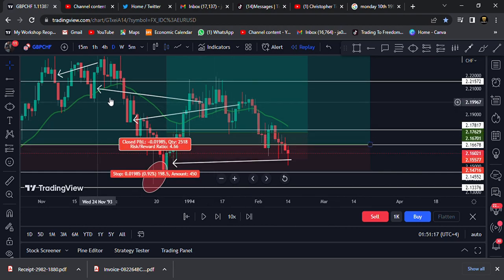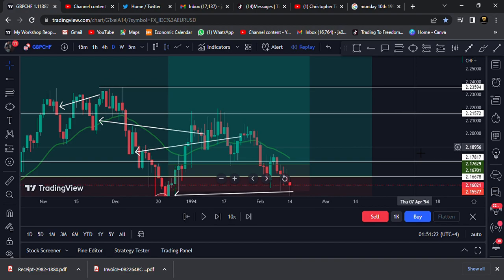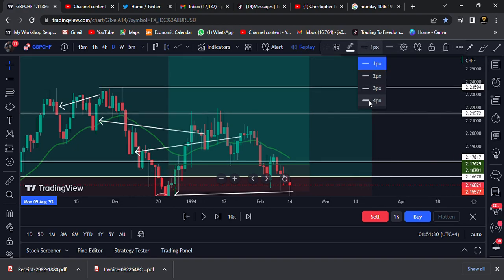So when you enter, you get out at levels. You enter, you get out at levels. There is a way I'm putting my levels. Let me highlight them so you might see how I do put my levels.